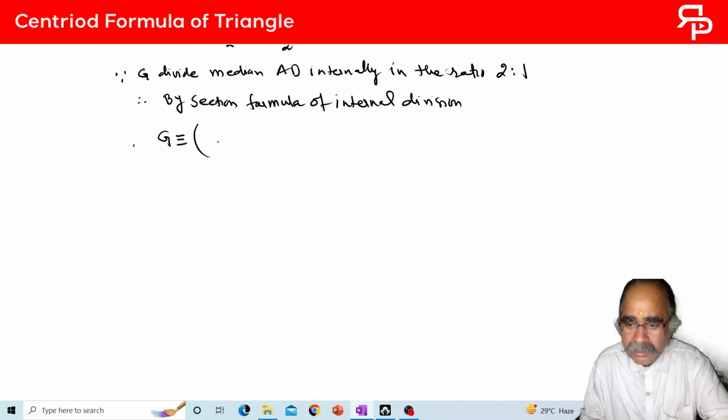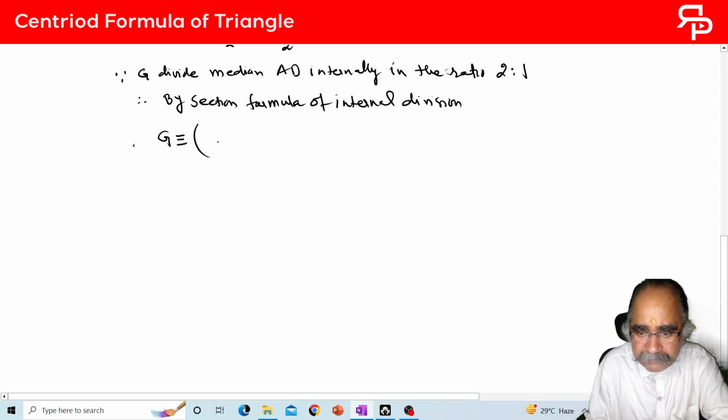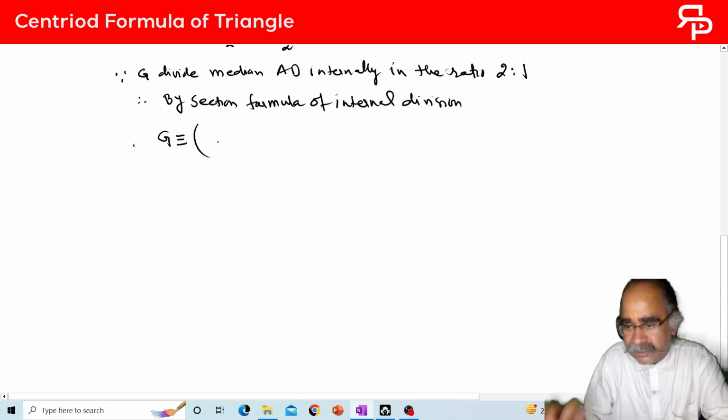See here. Now ratio is 2:1. The first number of the ratio, 2, will get multiplied to second point of the segment. It is cross multiplied.